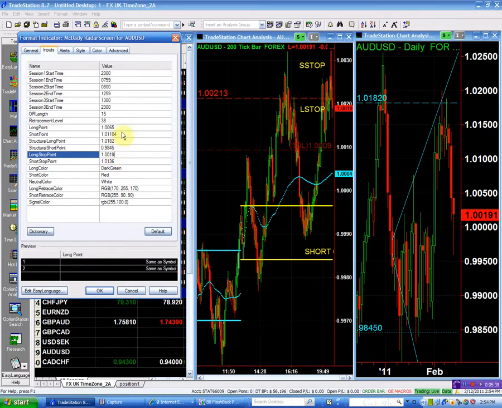We're going to short it below 99.85, and if we do, we're going to place our stop right above the 100.